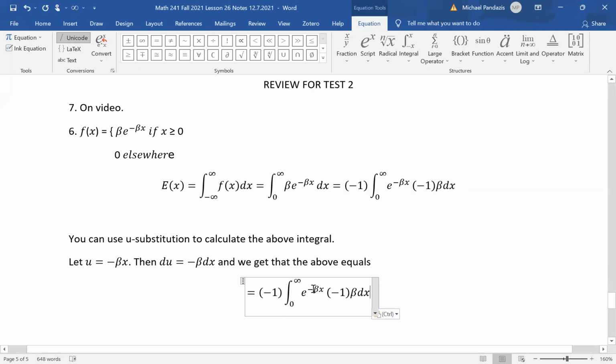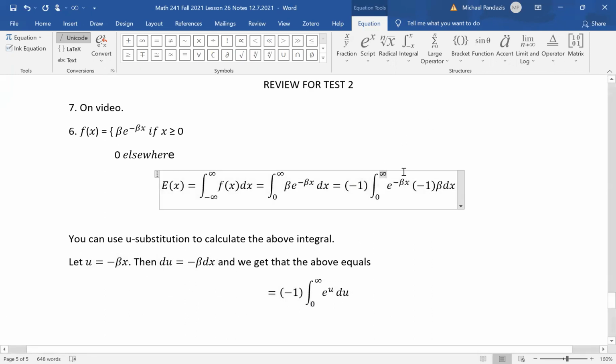Except now negative beta dx is du. And when x is 0, u is 0. So that stays 0. When x is infinity, then u is negative beta infinity, which means this is negative infinity.